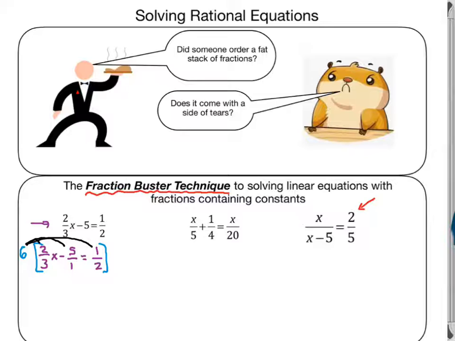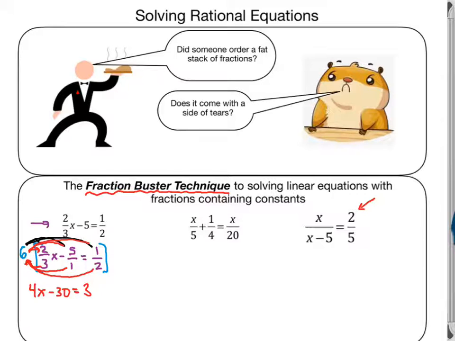This is the way I think about it while I'm doing them out: 3 divided into 6 is 2. 2 times 2x gives me 4x. 1 divided into 6 is 6. 6 times negative 5 gives me a negative 30. And then 2 divided into 6 is 3. 3 times 1, way over here, just gives me 3.